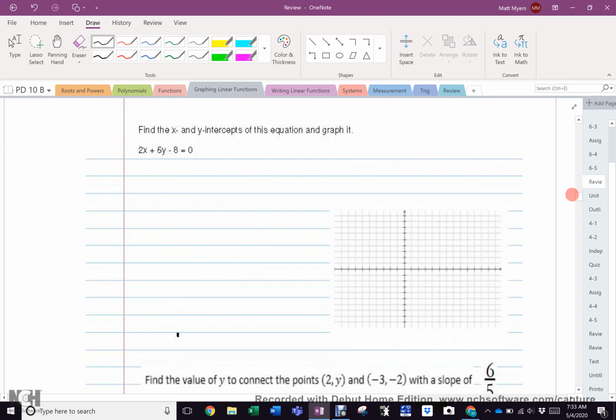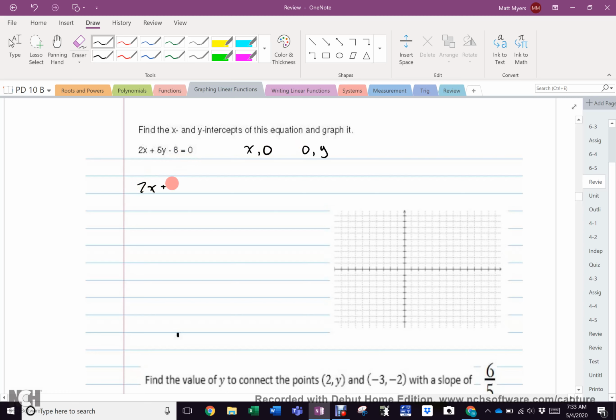All right, find the x and y intercepts. You have a choice, of course. X comma 0, 0 comma y. You can sub them in, or you can use slope-intercept form. 2x plus 5 times 0 minus 8 equals 0. 2x minus 8 equals 0. 2x equals 8.